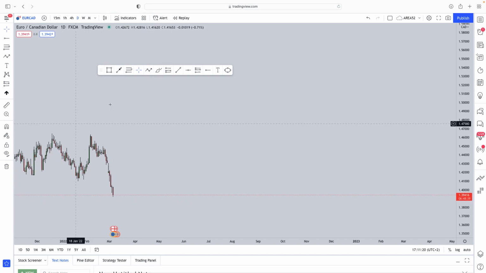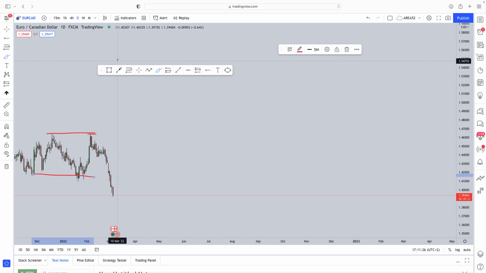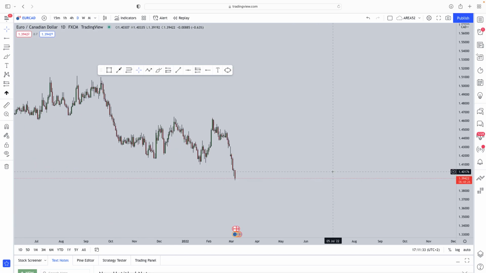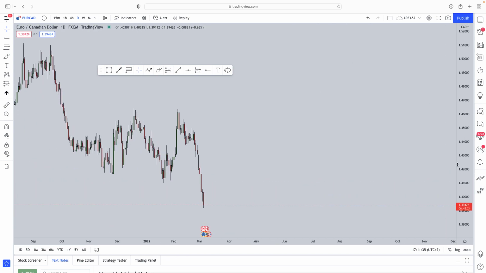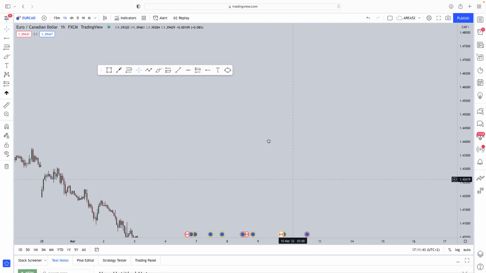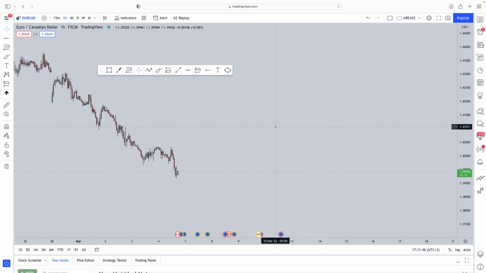Once you've found a new level in the market, a point of resistance or a point of support, that doesn't matter, then you basically just look for structure that the market had created in the past, and then from there you drop down on the 1 hour time frame, and you wait for the market to create and break structure before you take a trade to the upside or to the downside.